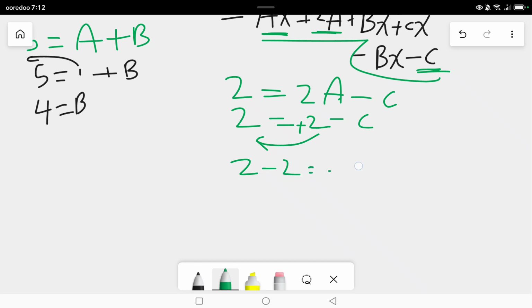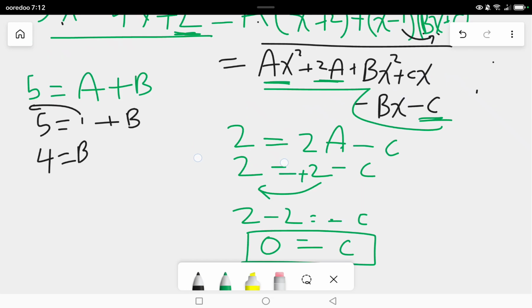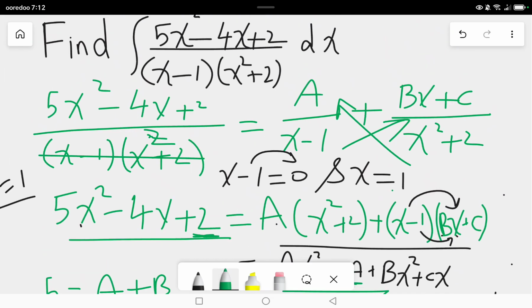So minus c equals 0, because 2 minus 2 equals 0. If it is negative, we don't have negative 0, so that is equal to only 0. So c we got is equal to 0.